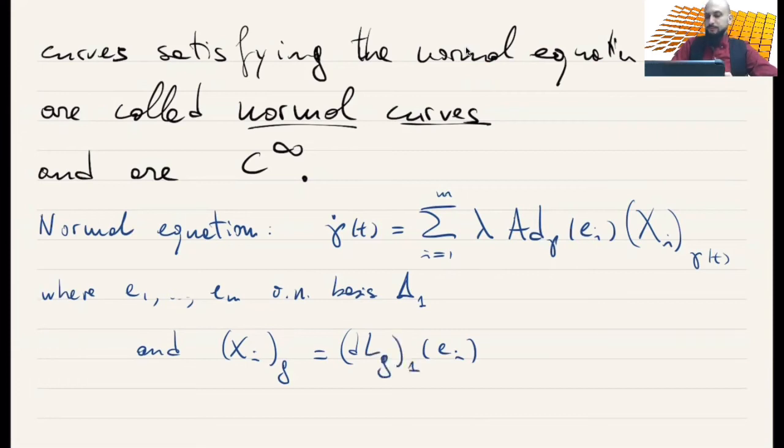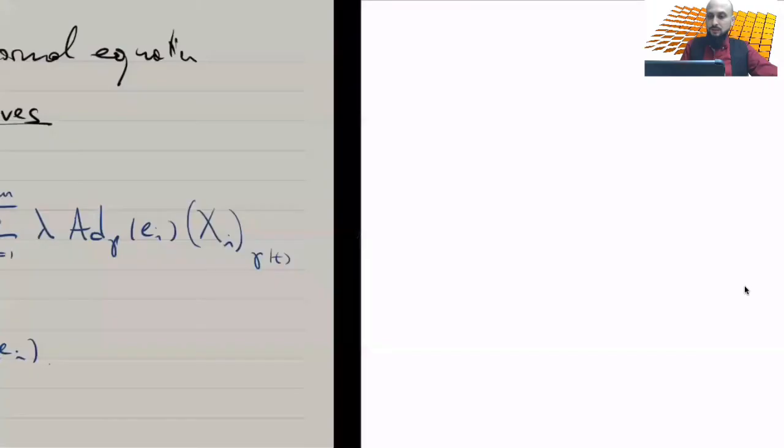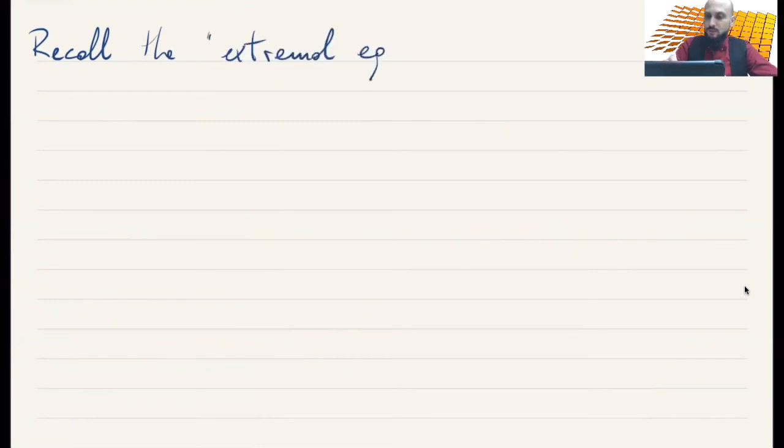Okay, so now let's go back to the other case, where the second part of the covector is equal to 0. So let's recall what we were discussing. Maybe I should have given it a name. Let's call it the extremal equation.